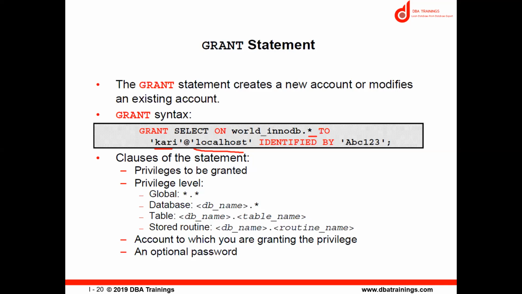The GRANT keyword means we are specifying one or more privilege names depending on my business need. The ON clause specifies the level of the privilege you are granting to the user. And the TO clause says to whom you are assigning, specifying the account to which you are granting the privilege.